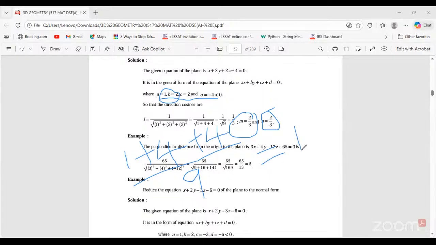Therefore l square plus m square plus n square equals 1, satisfying this condition, because l, m, n are the DCs of the given plane.